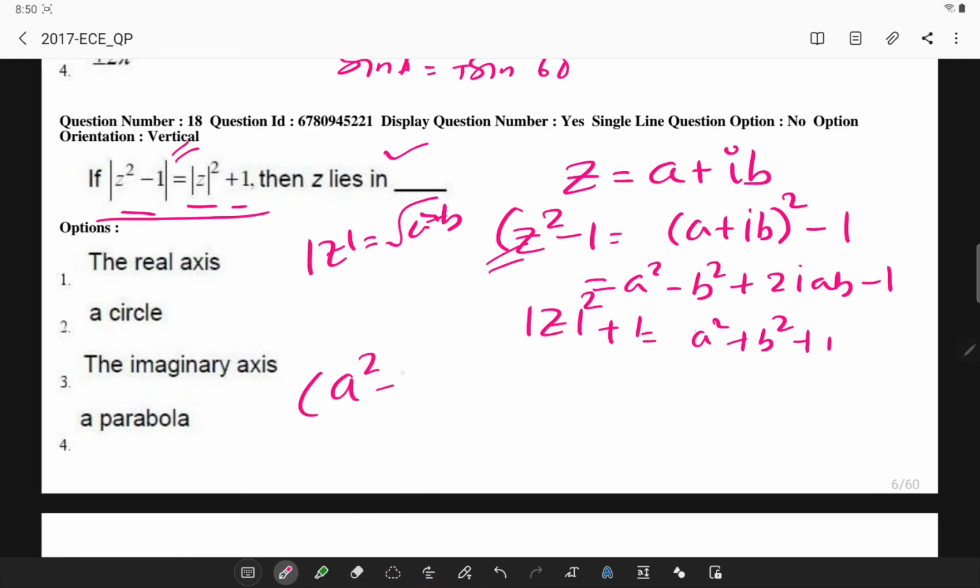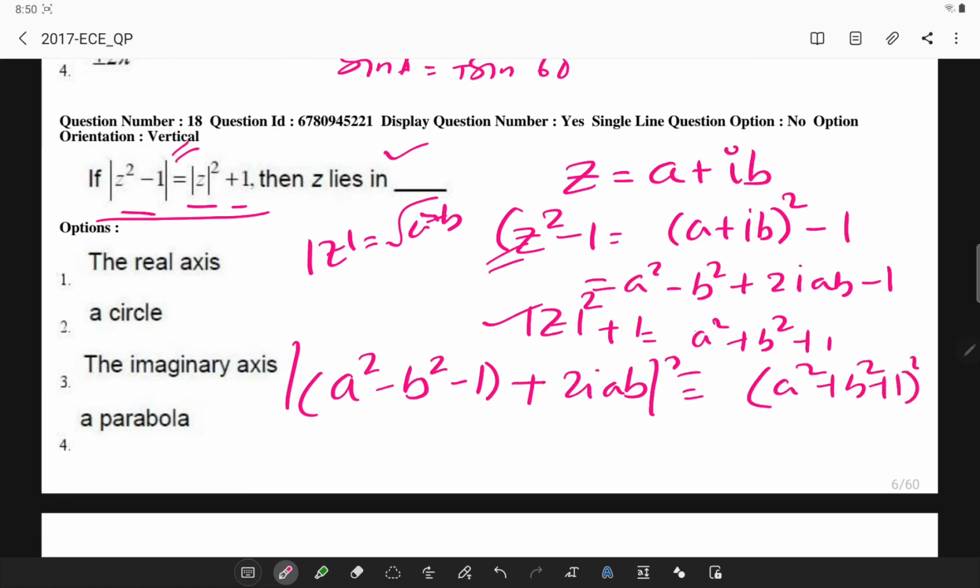So a square minus b square minus 1 plus 2ab modulus. I have to square it because I have to get an equation in this. So this side also I have to square it. So a square plus b square plus 1 whole square.